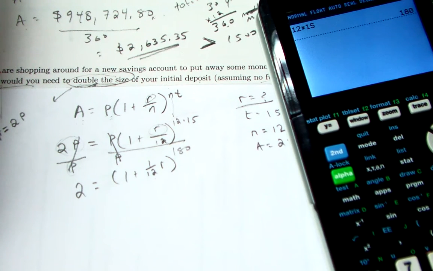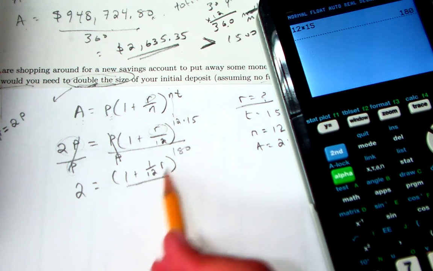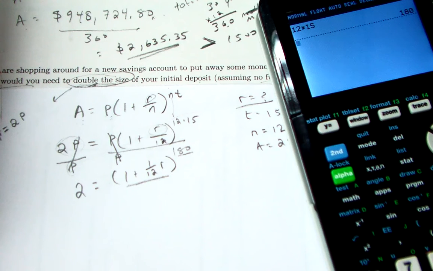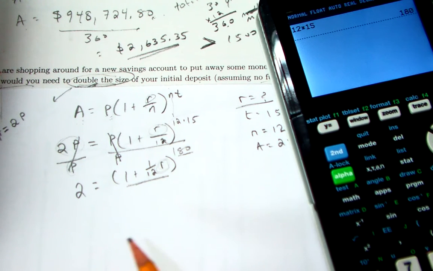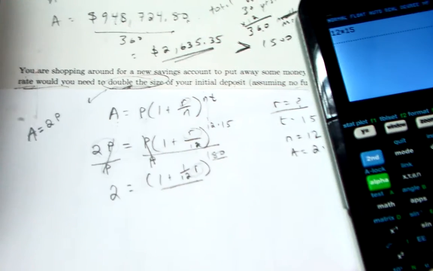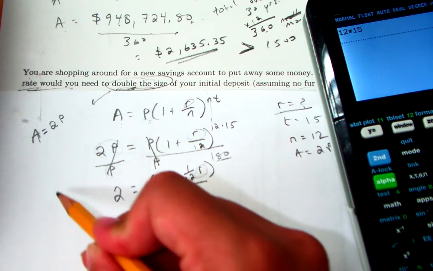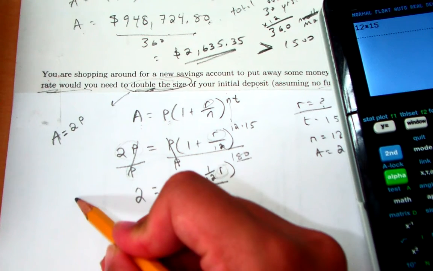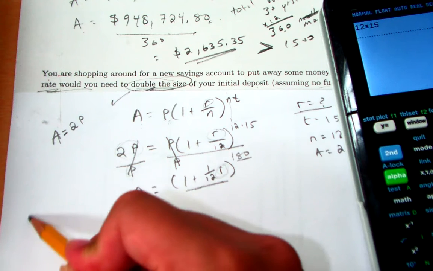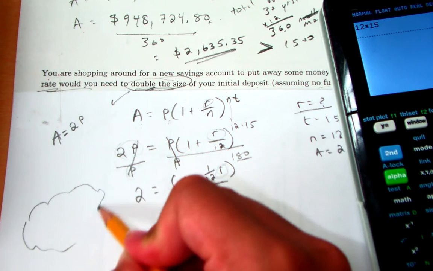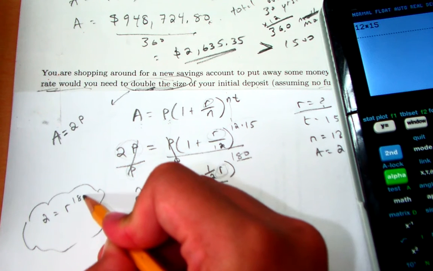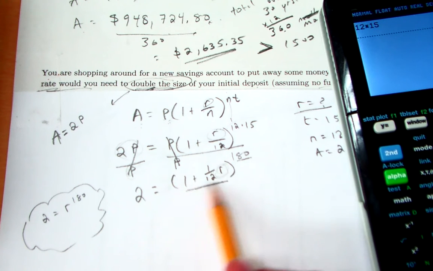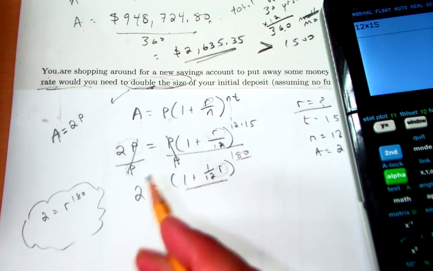Okay. Now here's where things get a little bit tricky. We have this term raised to the 180th power, and we have a variable inside there. So in essence, right, a much more simple version of this might look something like this. This is what I was trying to allude to in class. A sort of simplified version of this problem would look something like 2 is equal to r to the 180th power. Now I know there's more stuff in there, but bear with me for a moment.